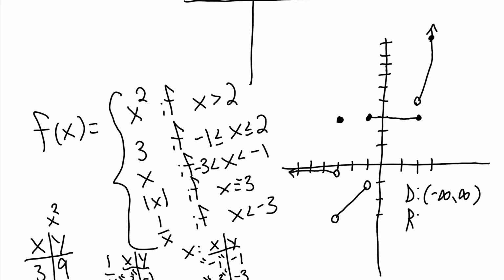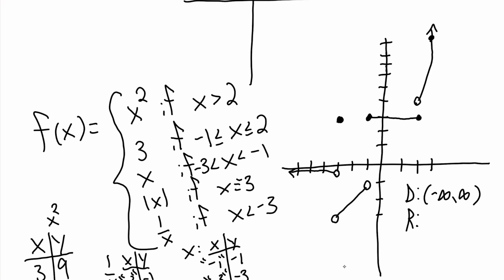The range, however, we do have some pretty serious gaps here. Very serious gaps, right? And we can kind of use our points that we plotted to help guide us here. So we can see between 3 and 4, there is a gap. Let's start from the negative infinity side though, right?